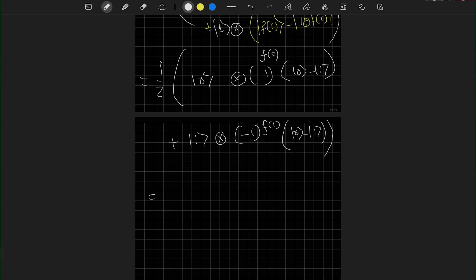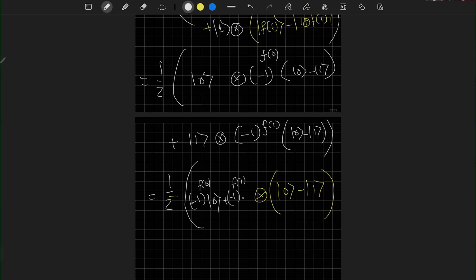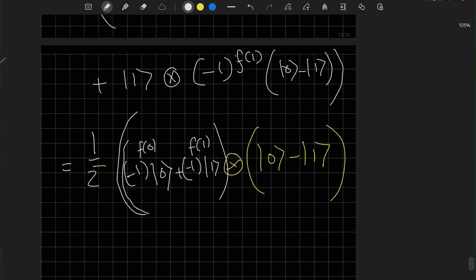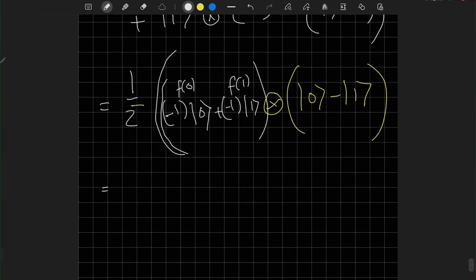What I could then do is rewrite this for convenience. I can factorize out this part, so I write this as 1 over root 2, ket 0, and so on.